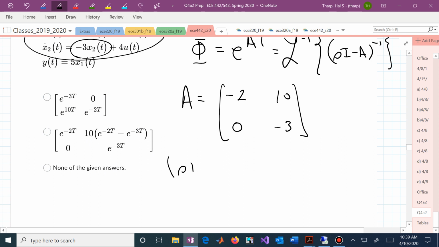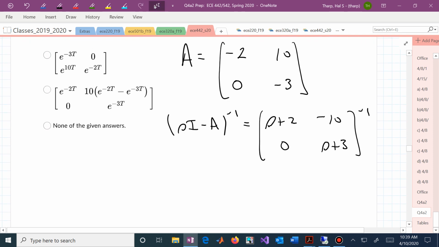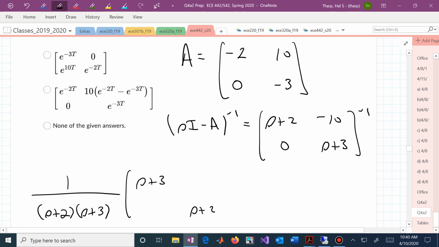Here you would have sI minus A is s plus 2, minus 10, 0, s plus 3, and you want to invert that. That's now 1 over the determinant, and the product of the off diagonals is 0, so we just have those two, and then you interchange the diagonal terms for a 2 by 2. You change the sign of the off diagonal, and now you have your sI minus A inverse matrix.